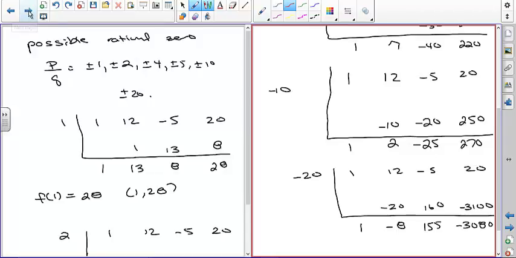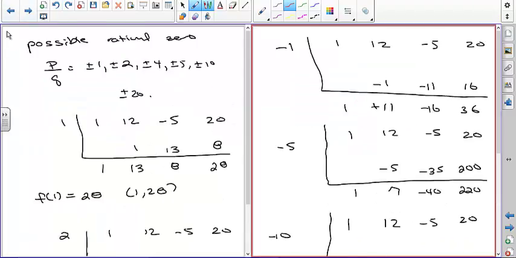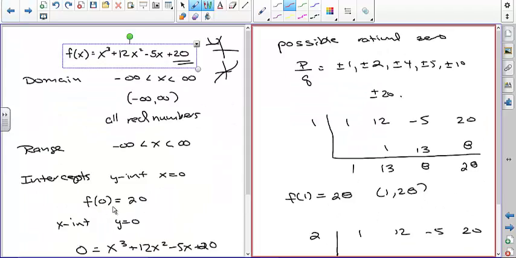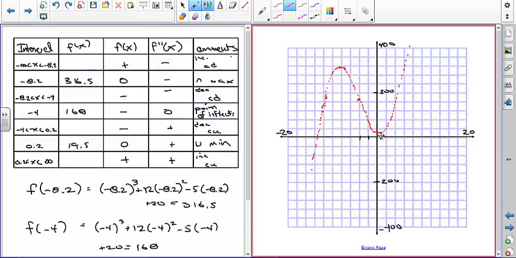We also found out the y-intercept was somewhere back here. That was easy. The y-intercept was 20, which agrees with what we saw. If you see the curve, the y-intercept is about 20. It's about halfway, because the minimum was 19.5, so it has to be greater than 20, since that's a minimum.